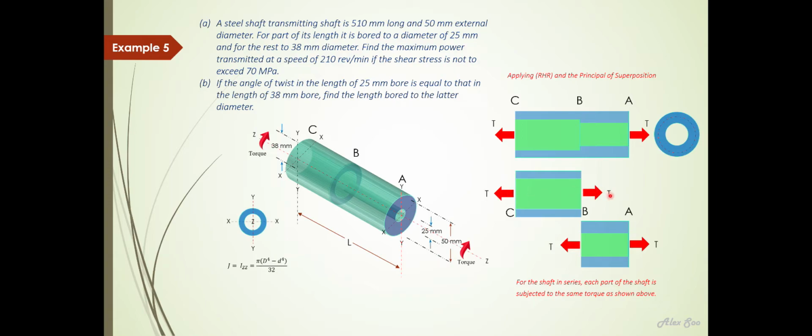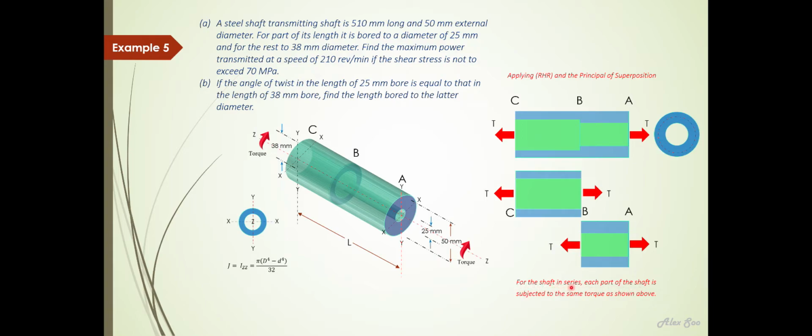So when you put T and T here, section C has a value of T, but the resultant at section B would be 0. Originally it's 0.